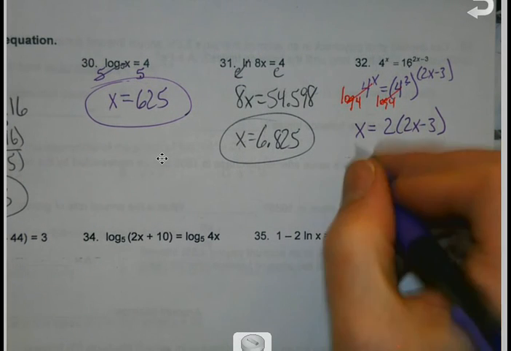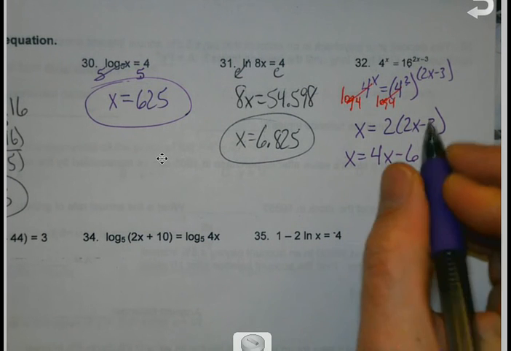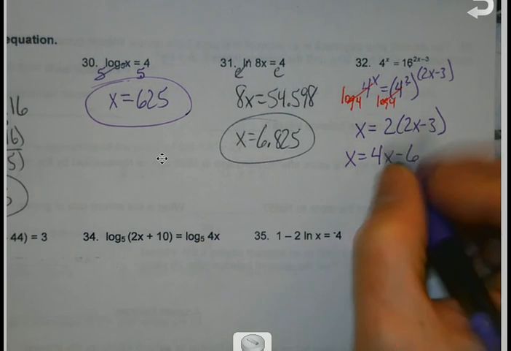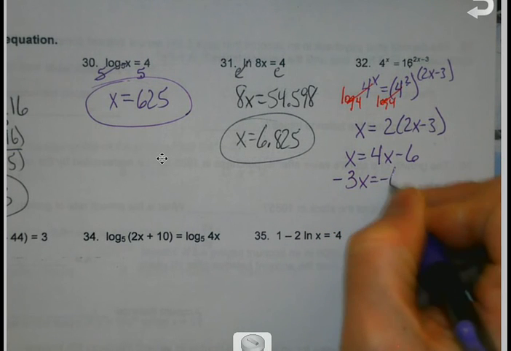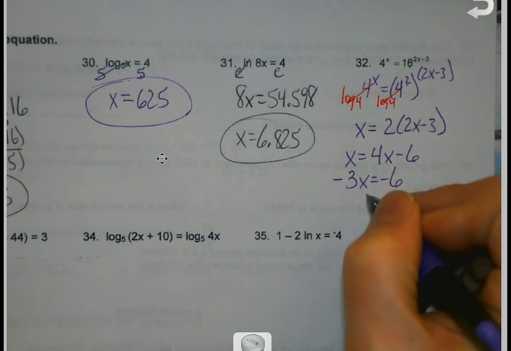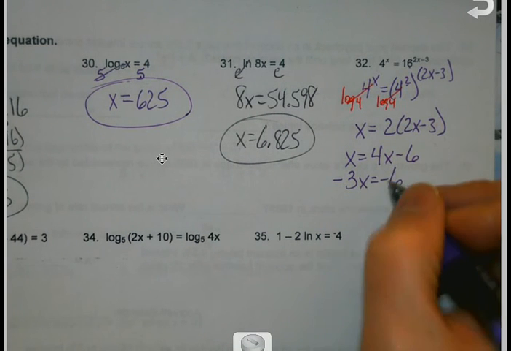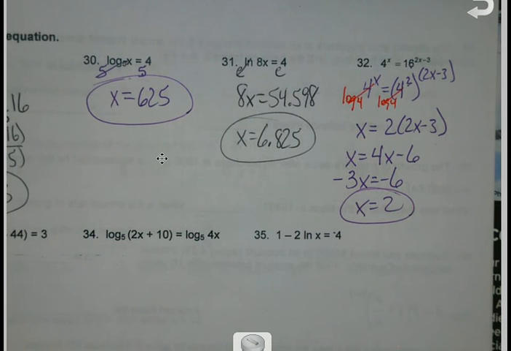And now I just solve this like I would any equation. I'd minus my 4x over. And again here, since we're multiplying by negative 3, we would divide both sides by negative 3 to get to my solution.